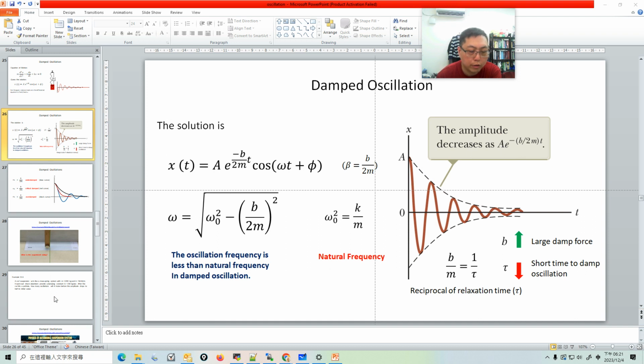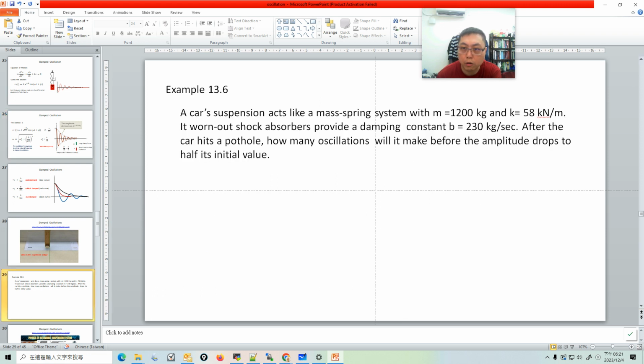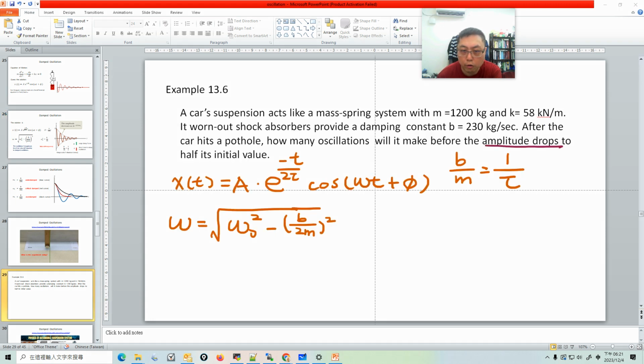So back to this question, we have to consider only this term. The oscillating term we just ignore, since it doesn't affect our analysis.